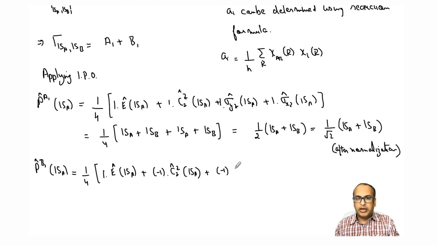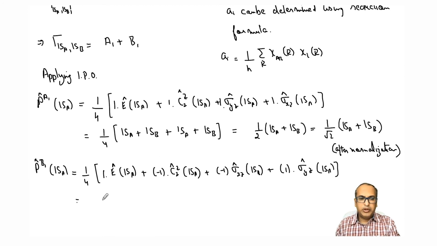So the idea is that you will get a linear combination. We'll see what linear combination. So we'll have yz, this will be xz, right? Yeah. So sigma_xz 1sA plus 1 sigma_yz 1sA.